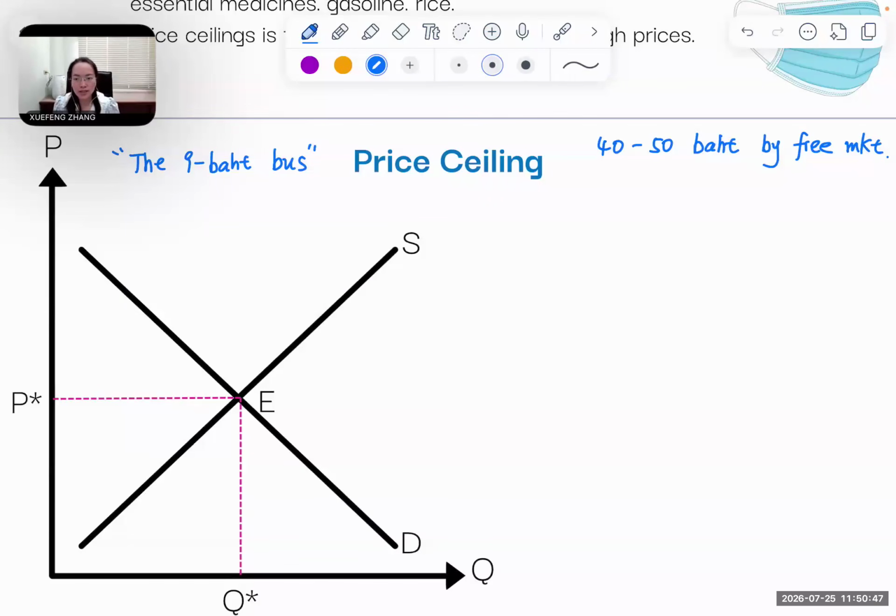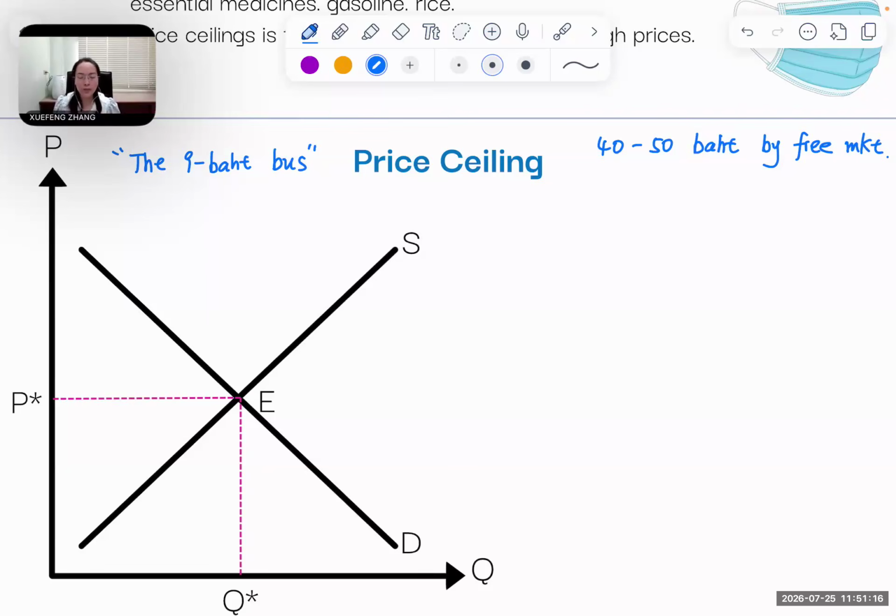They put a ceiling, like a roof that the price cannot break through. It's great for passengers, right? But what happens to the bus companies? They complain they lose money. Some routes get cut. Sometimes buses are overcrowded because demand is high but supply is limited. That's a trade-off of a price ceiling.